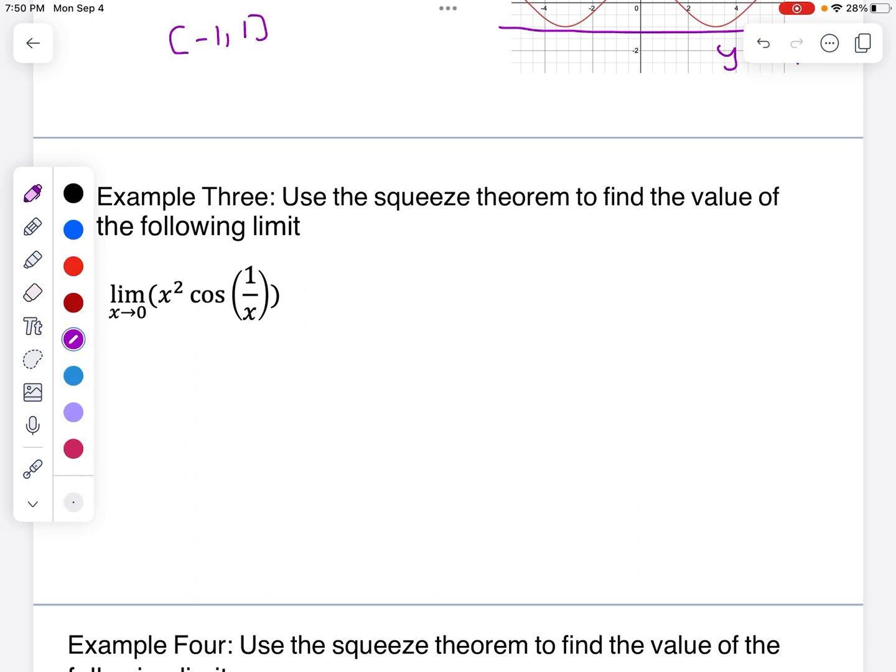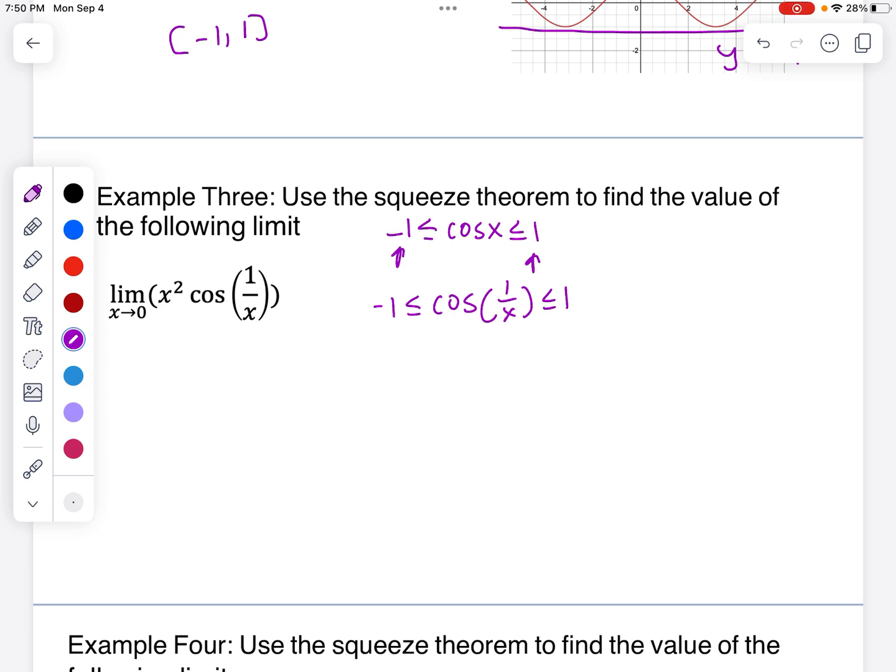We just talked about this: normal cosine always falls between y equals -1 and y equals 1. We also know that cosine of 1 over x wouldn't translate it up or down or make it bigger or smaller, so cosine of 1 over x is also between -1 and 1.